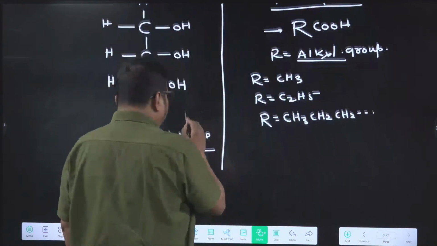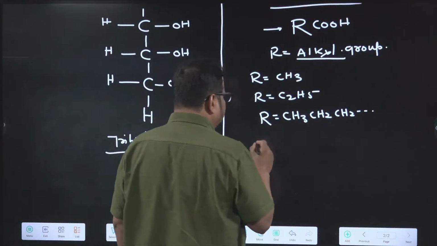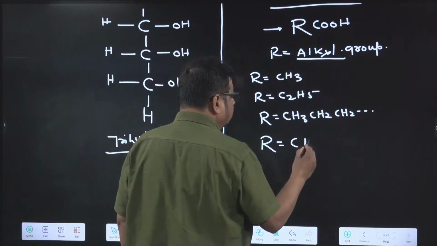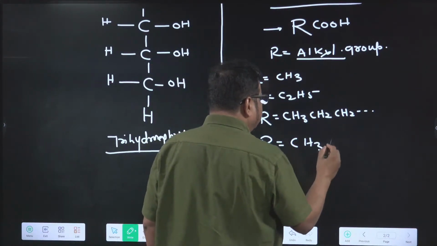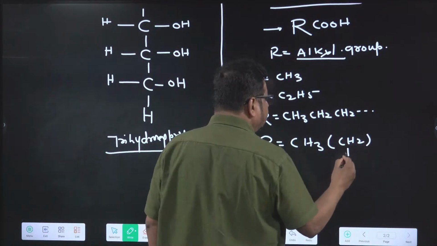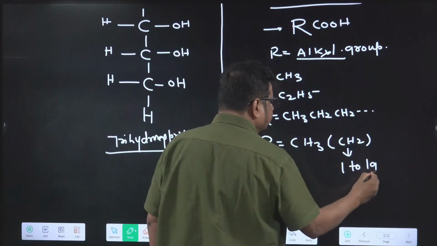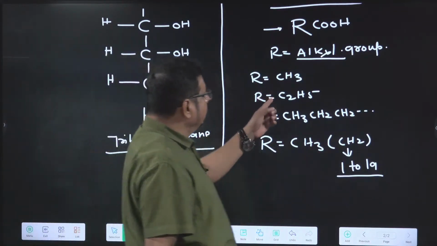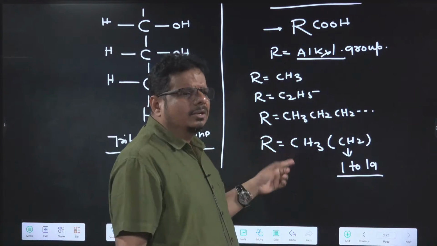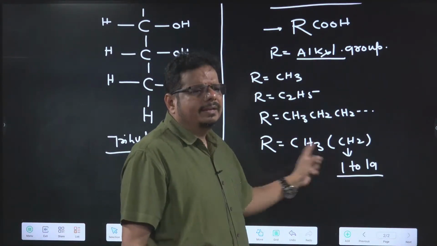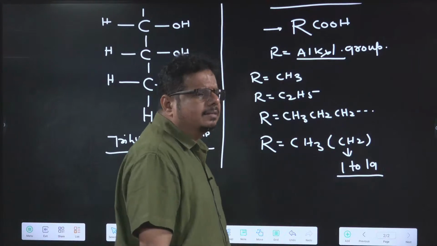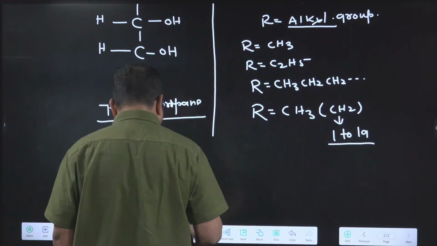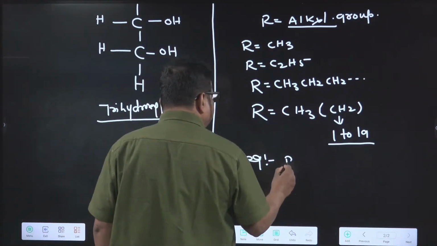If we talk about the number of CH2 in R, it is 1 to 19 carbon. Able to understand or not? Methyl, ethyl, propyl, butyl. So number of CH2 in R group is how many? NCERT wrote 1 to 19 CH2 groups are there. So I'm just writing some examples of fatty acid. Example, I'm writing palmitic acid.